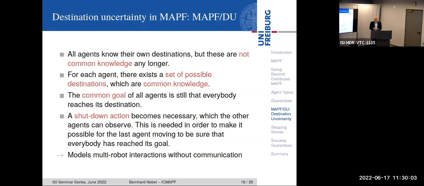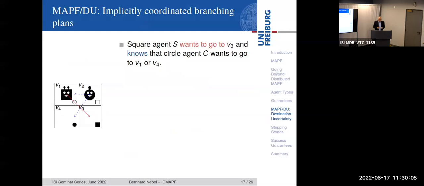It models multi-robot interactions or interaction with a human. And now I have a very small example, again with two robots. We have a square agent, and the square agent wants to go to V3, and it knows that the other agent either wants to go to V1 or V4.